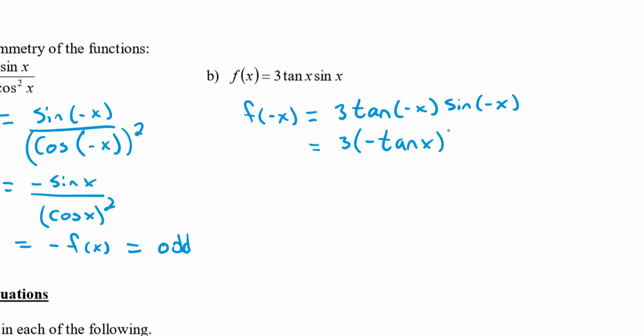And then sine would be negative sine x. And then those two negatives would really cancel each other out, so we get 3 tan x sine x, which is equal to f of x. So this is even.